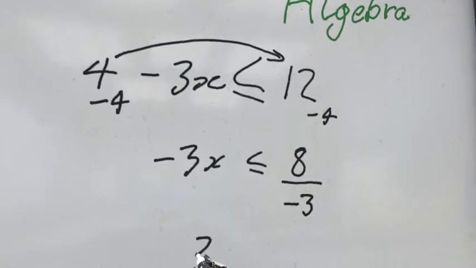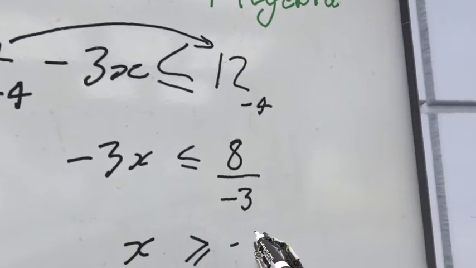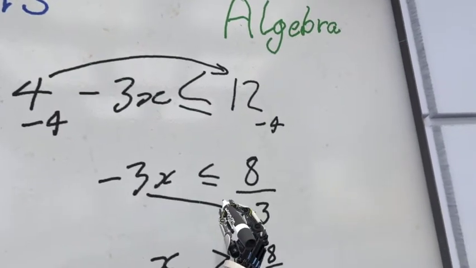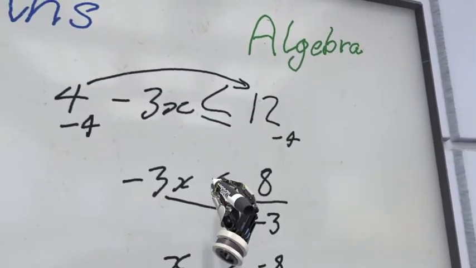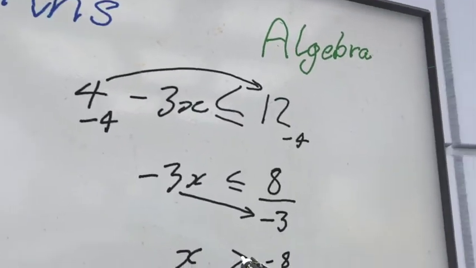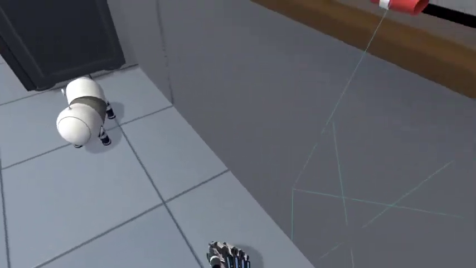So you're going to end up with x is greater than or equal to minus 8 over 3. And that 3 goes there as a division. And this is going to reverse because anytime you divide by a negative, this symbol reverses. So that's pretty straightforward.